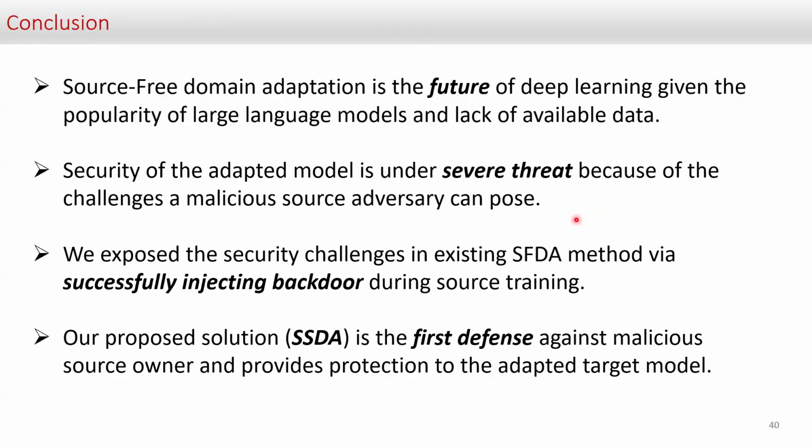In summary, source-free domain adaptation, we believe, is the future of deep learning because of the popularity of large language models and lack of training data. Security of the adapted model is under severe threat from our initial observation. So we expose this security challenge by successfully injecting backdoor into the source training for the first time. And our proposed solution is the first defense against malicious source owner, providing protection to the target.